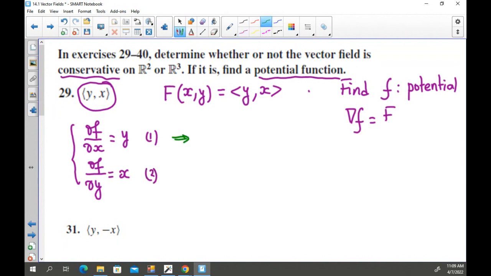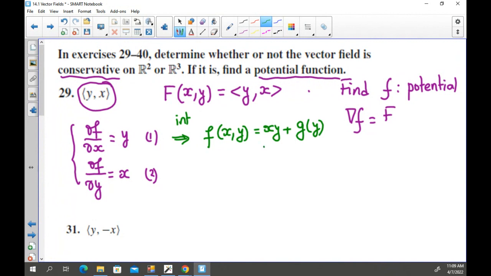Now, integrate this one with respect to x. F of x y should be, we integrate, y x, xy, plus a function of y.